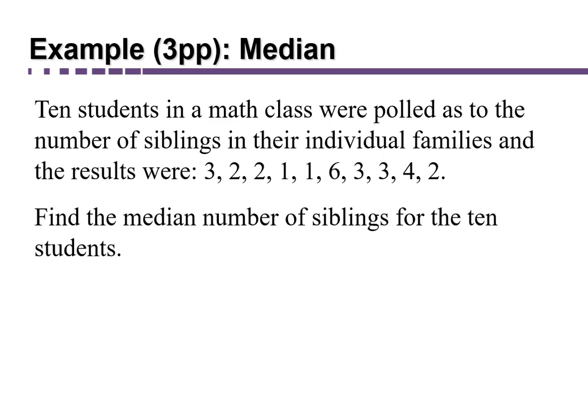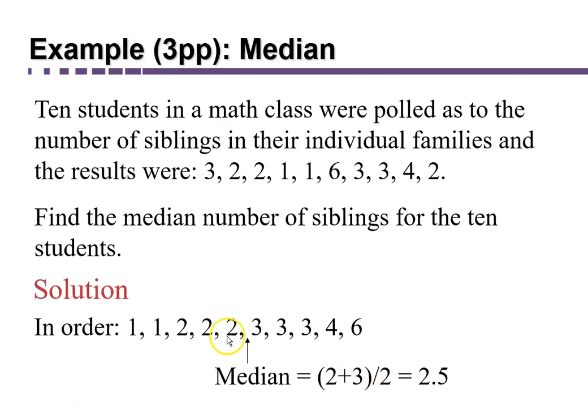So we're going to use, for example 3, our 10 students in the math class that were polled as to the number of siblings. Now, again, this is not ordered, but we are going to put them in order, as we see here. Now, there were 10 students, so that's an even number.